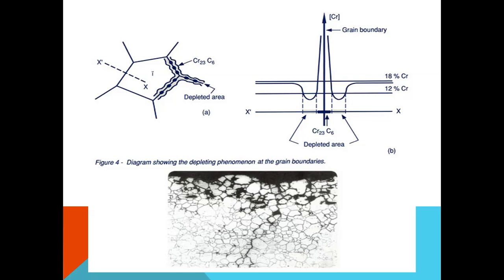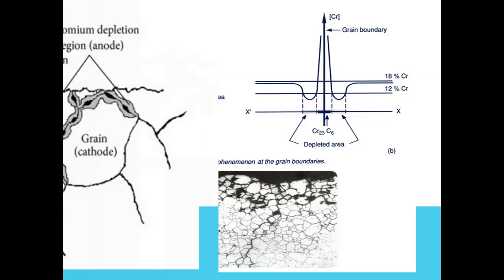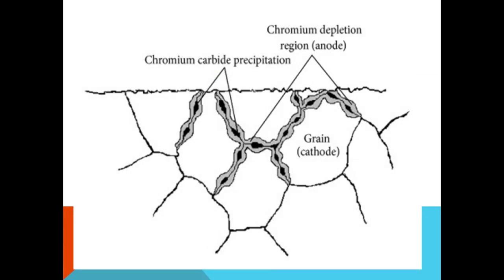The lower figure explains the depletion phenomena at the grain boundary: a chromium-poor zone and a chromium-rich zone. The chromium depletion region is the anode, with chromium carbide precipitation. The grain is the cathode, but the chromium depletion region acts as the anode.